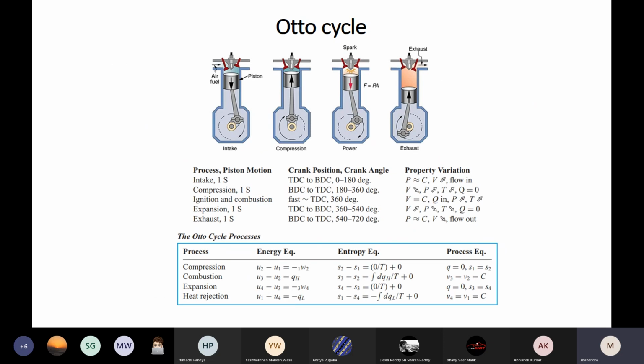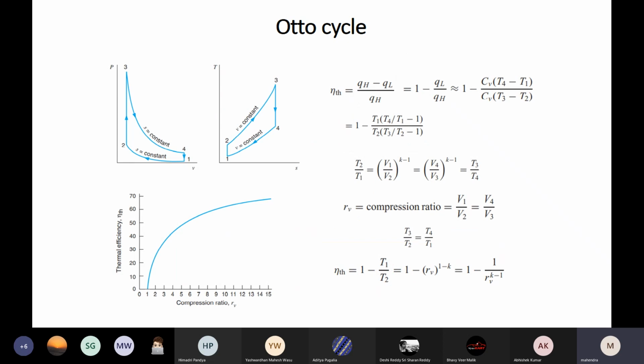What parameters are changing, you can see over here. Intake: pressure is constant, volume is increasing, flow in. Compression: since that is isentropic compression, entropy is constant, pressure is increasing, volume is decreasing. This is the heat addition process, and this is the heat rejection process.